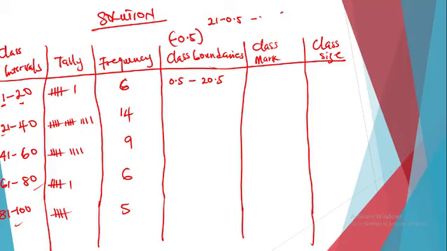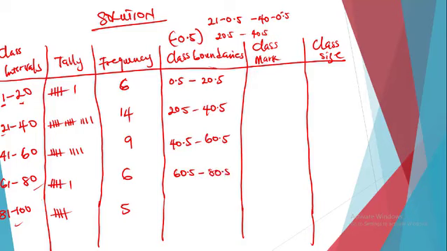Do the same thing in the other ones. For this, you have 40.5 minus 60.5. For this, you have 60.5 minus 80.5. For this, you have 80.5 minus 100.5. Okay, that's how to obtain the class boundaries.